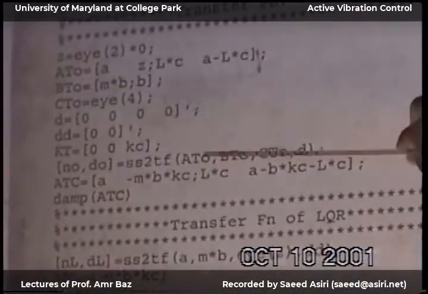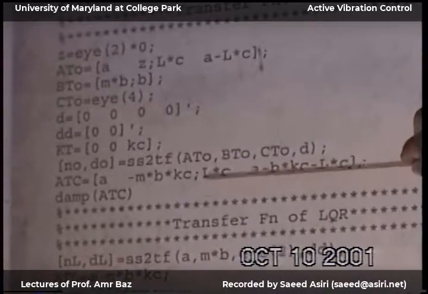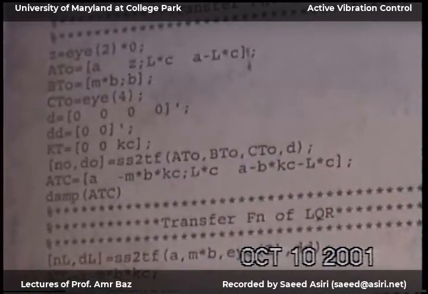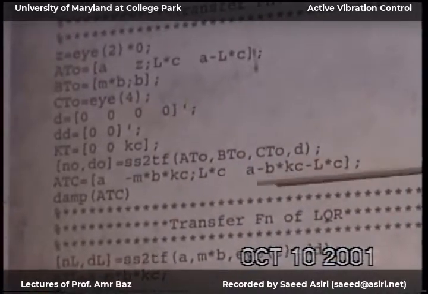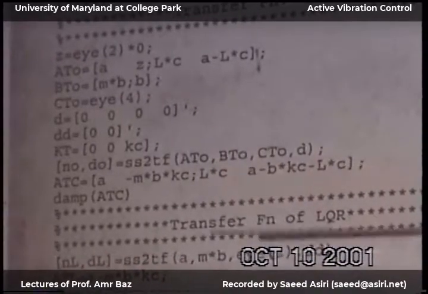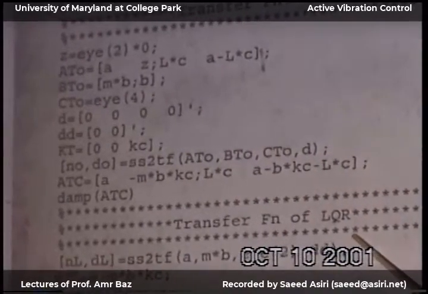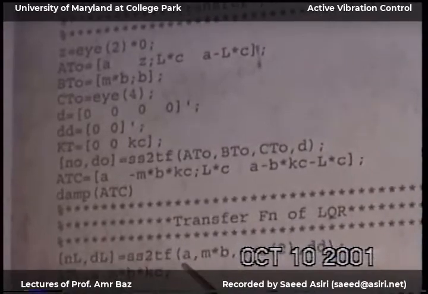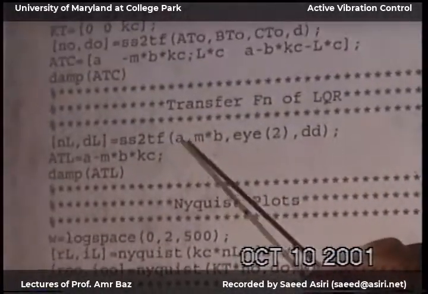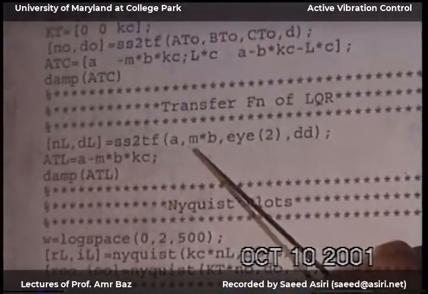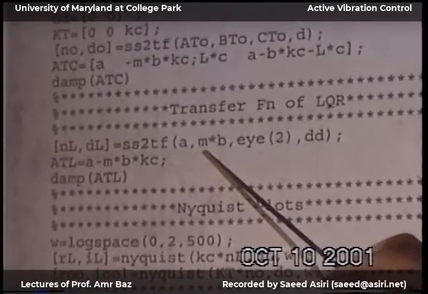I have this. Okay. Forget about this line. Now we will do it after we do the LQR. Forget about this line. And then now I go for the LQR, get the transfer function of the LQR. The A is known completely. The B has error, which is some percentage error.